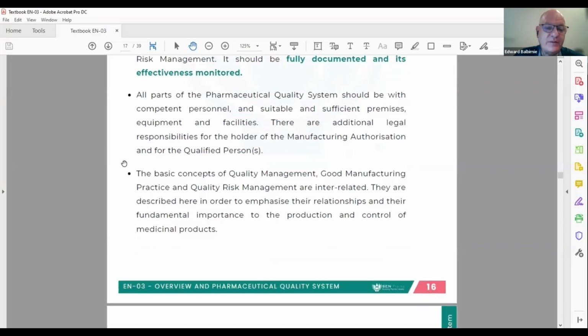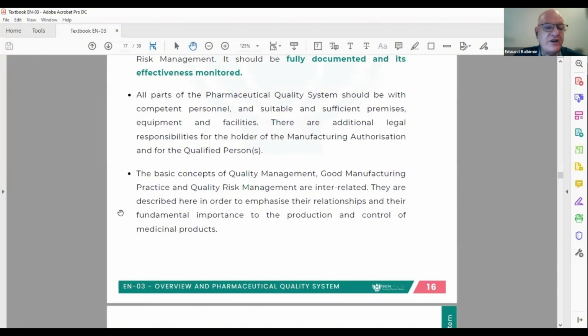The basic concepts of quality management, good manufacturing practice, and quality risk management are interrelated. They are described here in order to emphasize their relationships and their fundamental importance to the production and control of medicinal products.